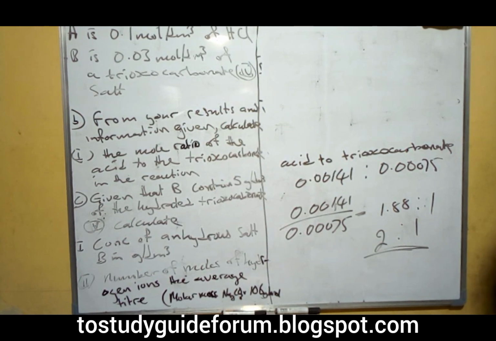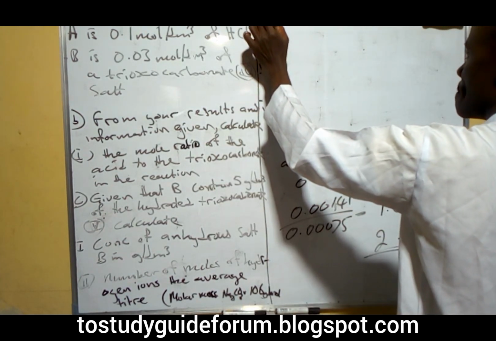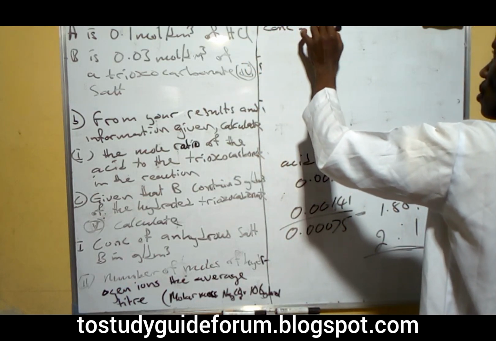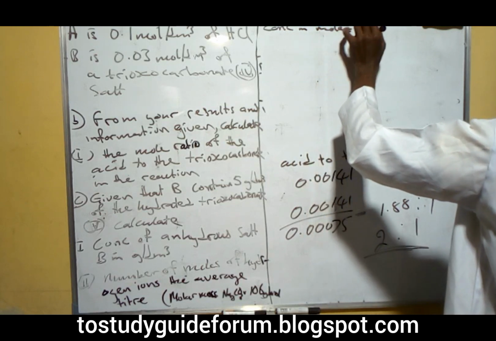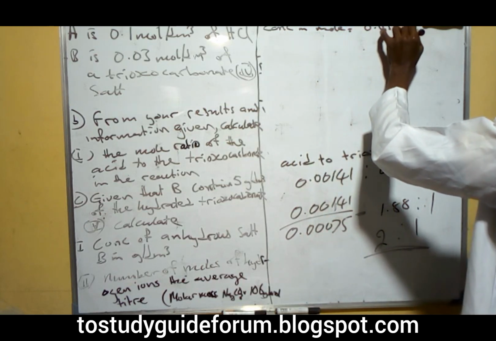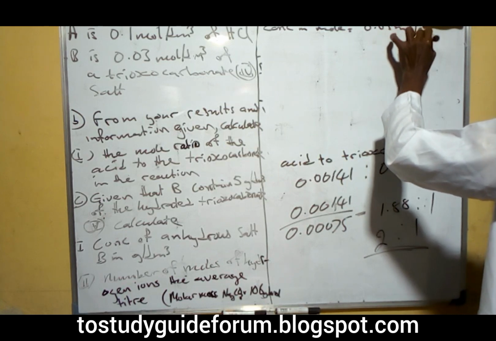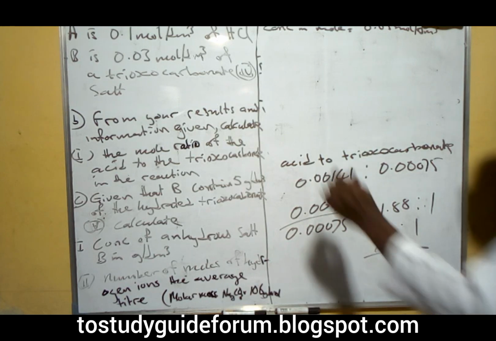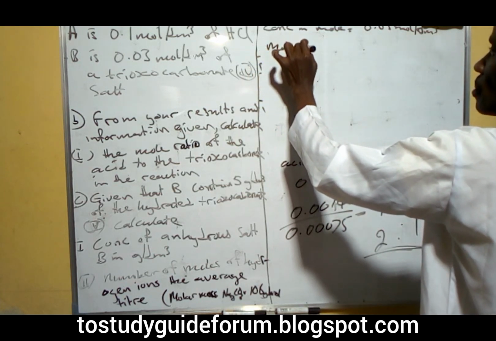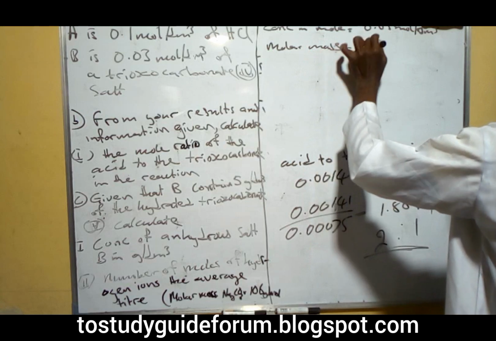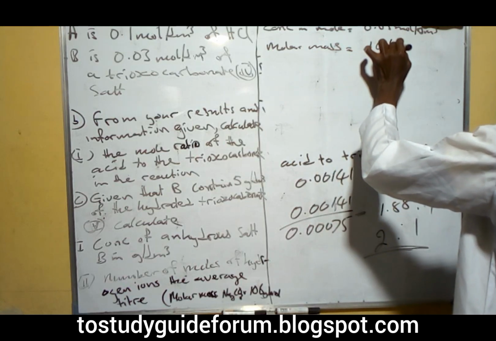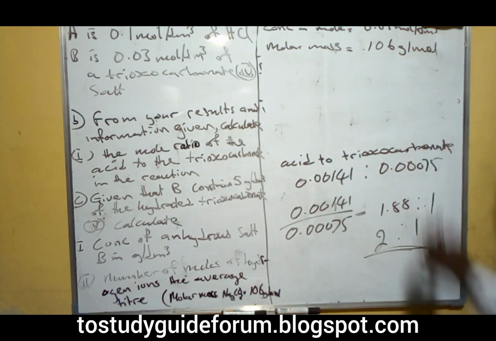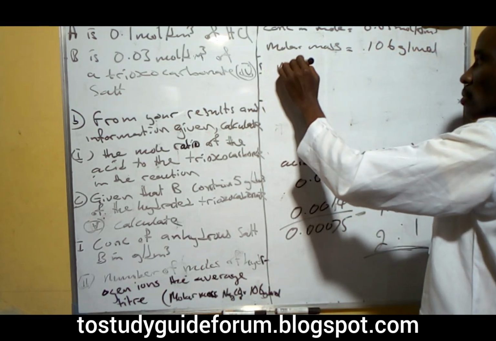For the mass concentration, we have concentration in mole equal to 0.03 mole per dm³, and then we have the molar mass, 106 gram per mole, and then the mass is what we don't know.